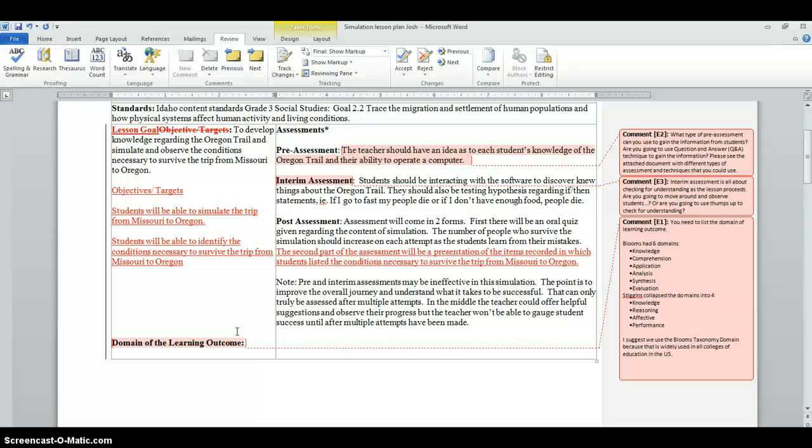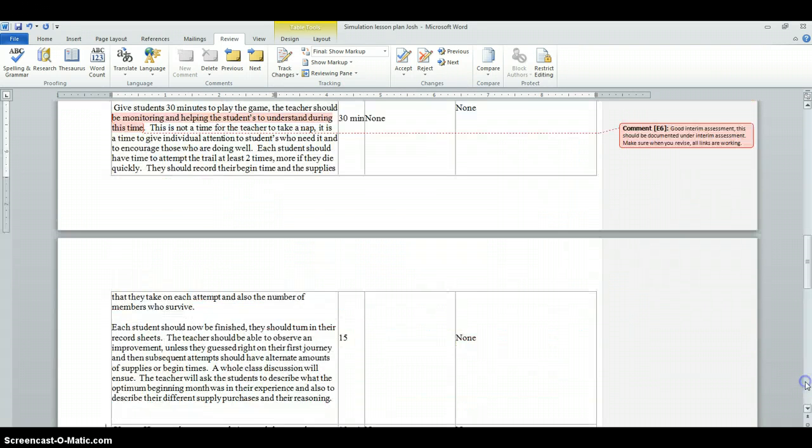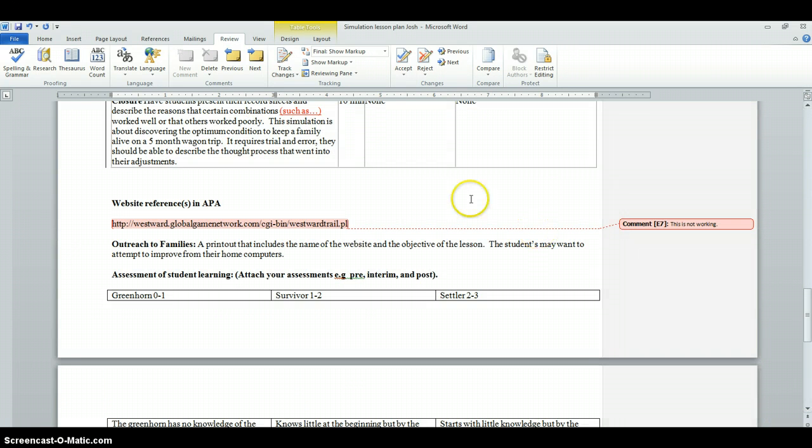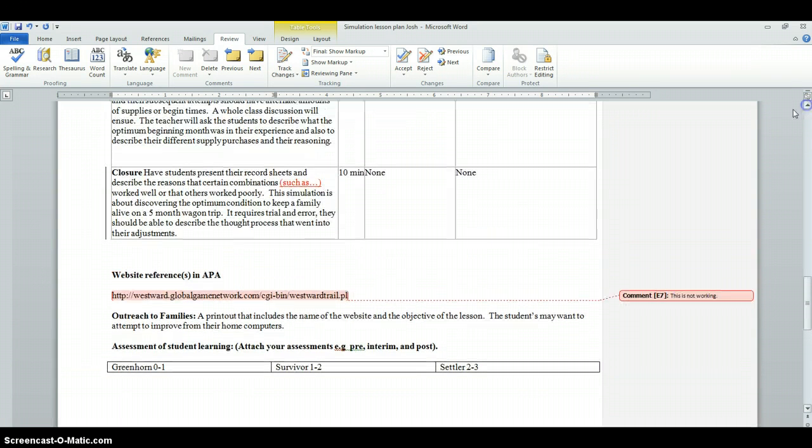How did I come up with this assessment? Again, I looked at your procedures, and somewhere down here, in your closure, you said have students present their record sheets and describe the reason for certain combinations. I don't know exactly what you are referring to, but I was assuming it's the conditions that will allow them to survive.